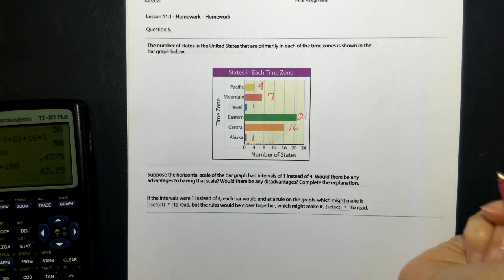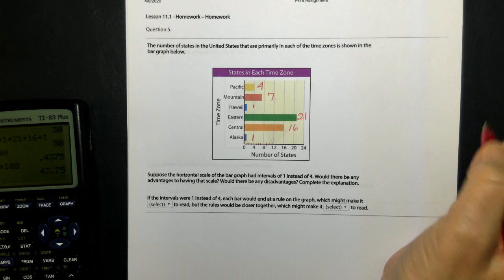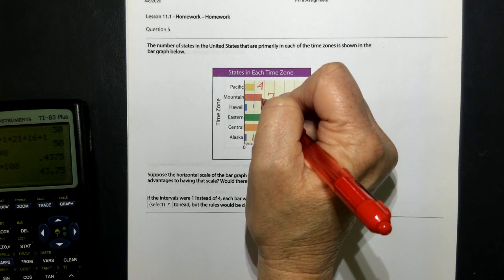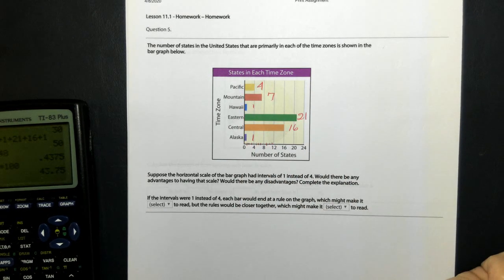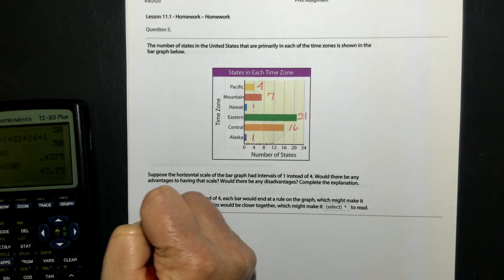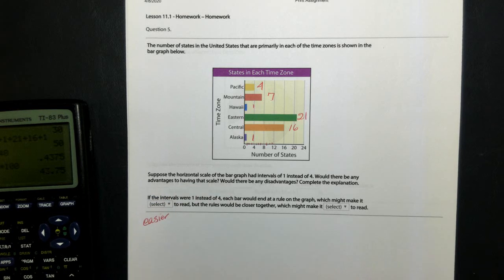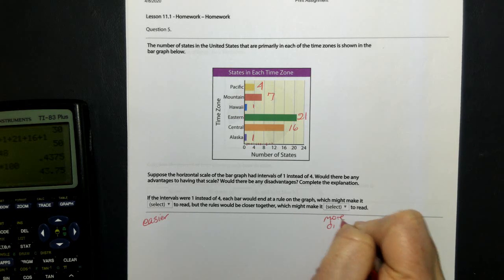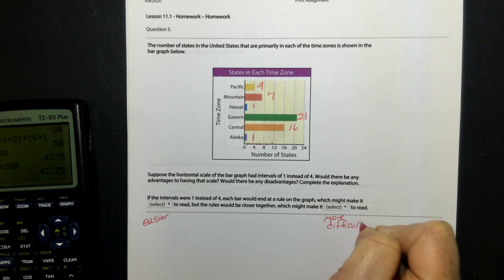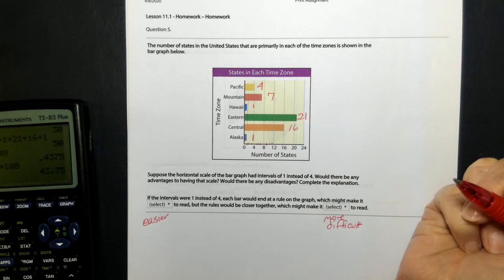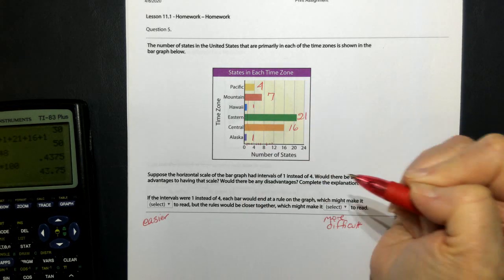So you see all of those. And would there be advantages or disadvantages? Well, let's think about it. I had a little rough time making sure the mountain had 7. So it would make it easier to read, but the lines would be so close together it might make it more difficult. The finer the grading, the easier it is to tell where the bar ends.